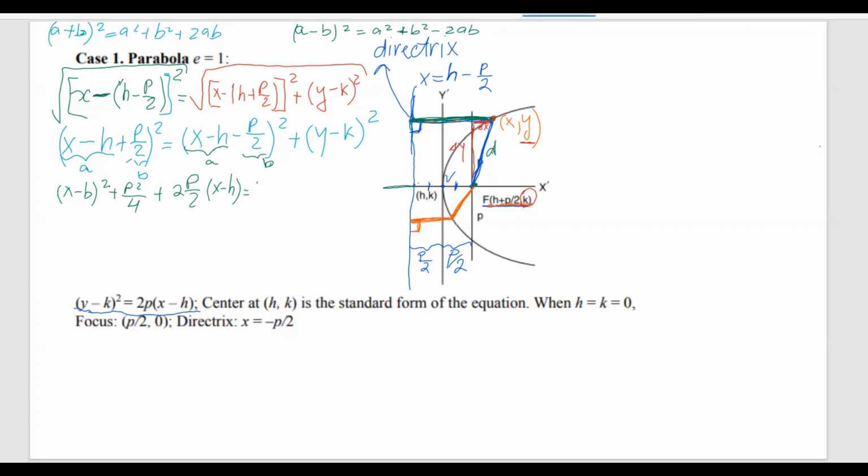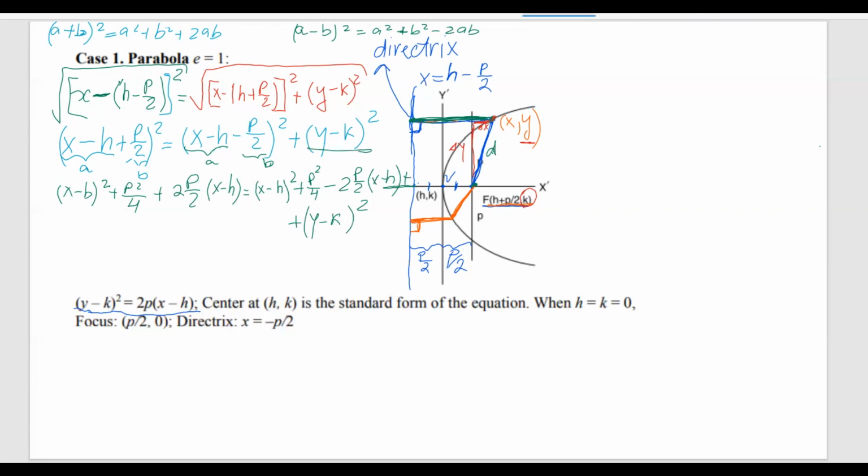We have x minus h squared plus p squared over 4, and now it's minus 2p over 2 multiplied by x minus h. And moving forward, we have also this term here. I'll add it, plus y minus k all squared.